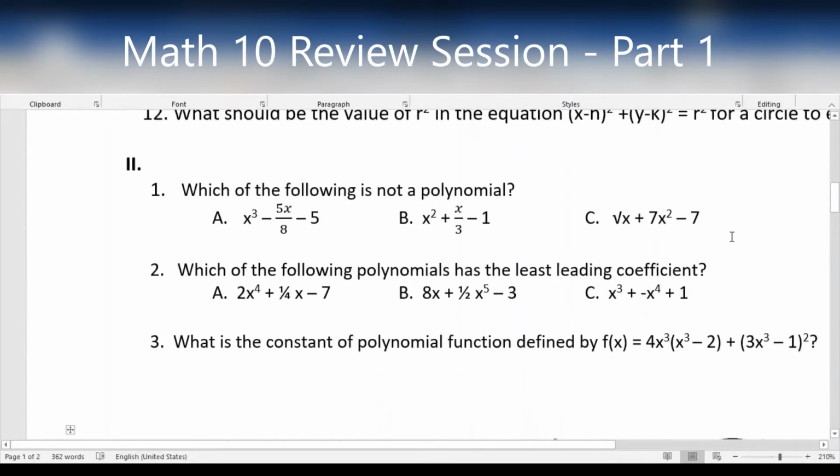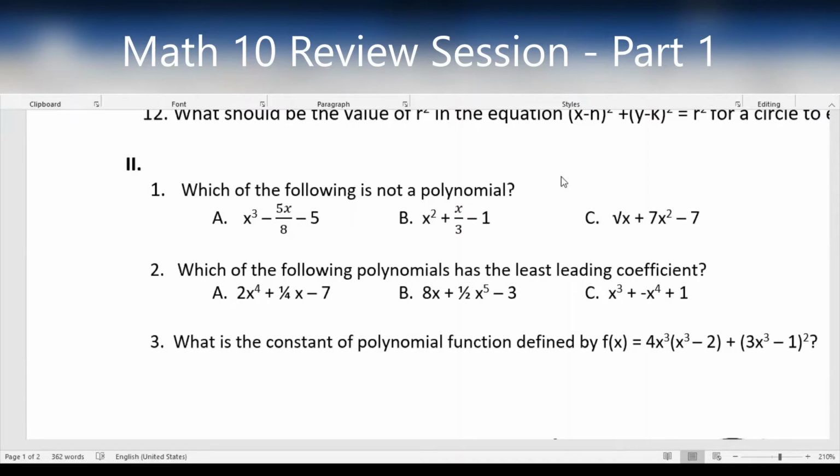Our answer is that C is not a polynomial because the square root of x, when turned into exponent form, will be 1/2, but what makes it not a polynomial is that an exponent should be a non-negative integer.